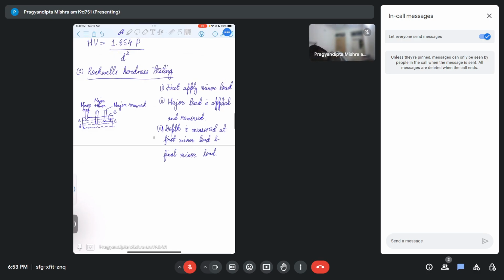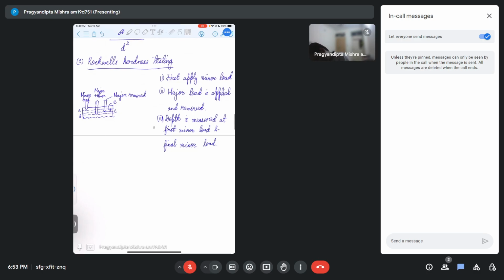So this is done in order to analyze the material behavior under very high strain rates, or you can also call it impact loads.